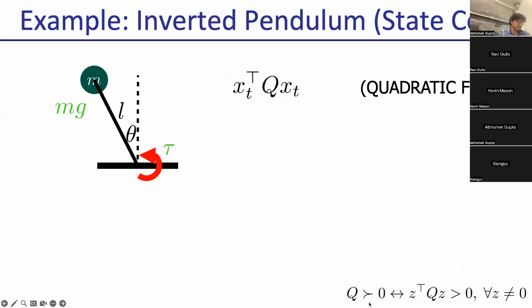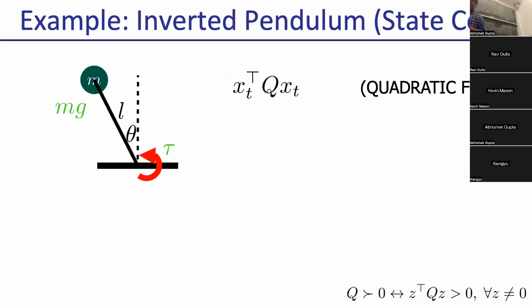If you have a matrix Q and you multiply it by any vector z that's not 0, then z transpose Q z is going to be positive. Or this is actually positive definite, not positive semi-definite. But if z is not equal to 0, that means it's positive. In the scalar version, this means that the scaling coefficient is positive. This is just the matrix version of positive. Make sense? And you're going to have a similar condition on both Q and on R.